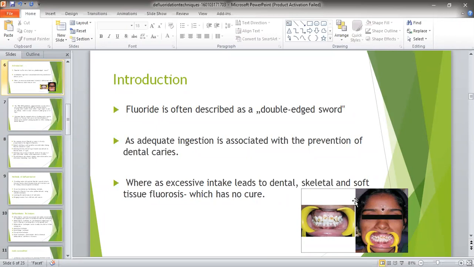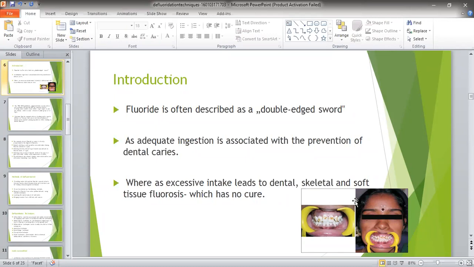बेसिकली फ्लोराइड जो है इसका डबल एक्शन है. नेगेटिव साइड पे अगर देखें तो इसका एक्सेसिव यूज फ्लोरोसिस कर देगा हार्ड टिश्यू का और डेंटल हार्ड टिश्यू का. ठीक है, स्केलेटल. और अगर इसकी पॉजिटिव साइड देखें तो उसमें हम इसका जो एडिक्वेट ऑप्टिमम लेवल ऑफ इंजेक्शन है दैट विल बी एसोसिएटेड विद the control and prevention of dental caries.